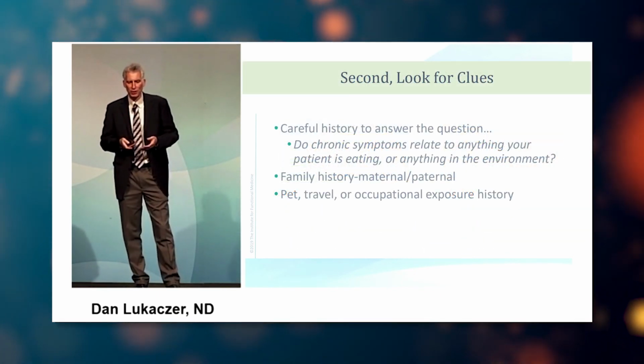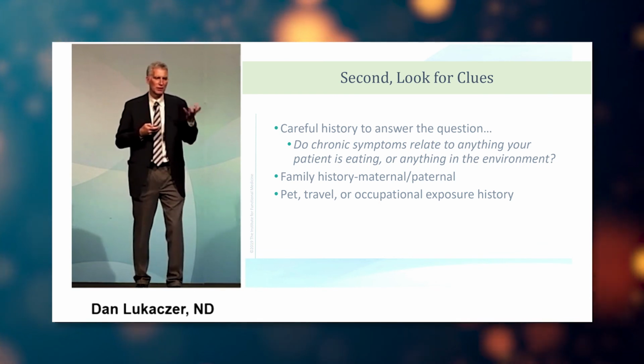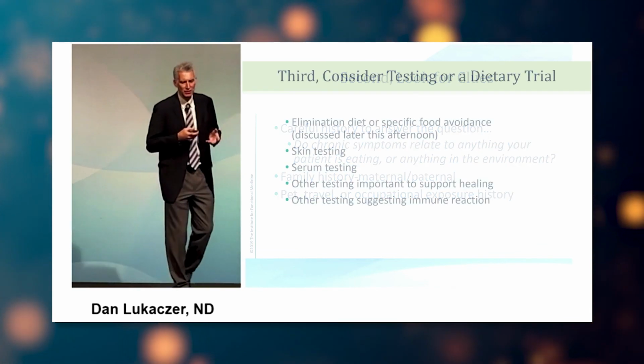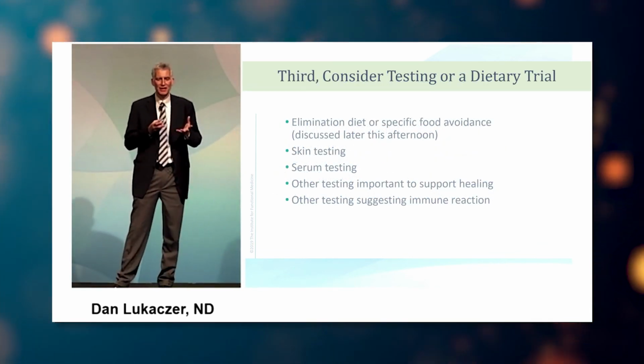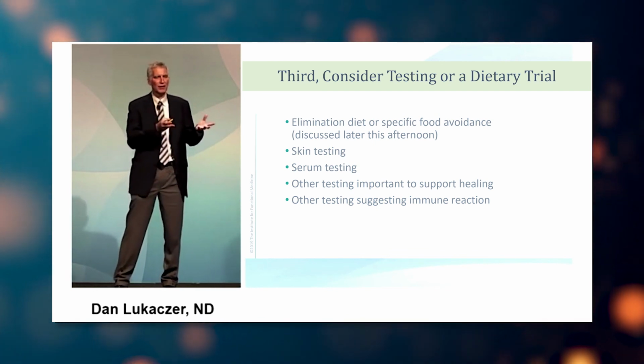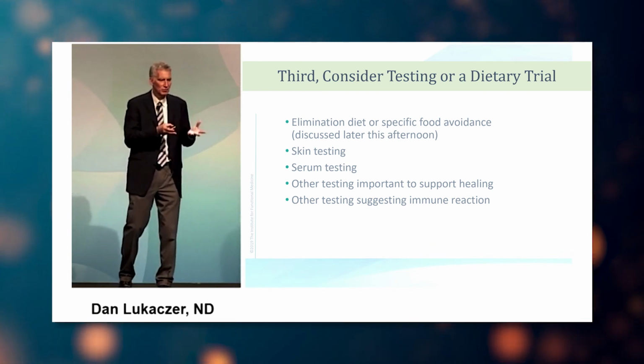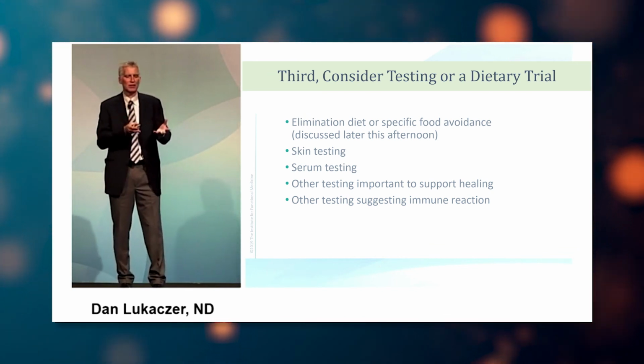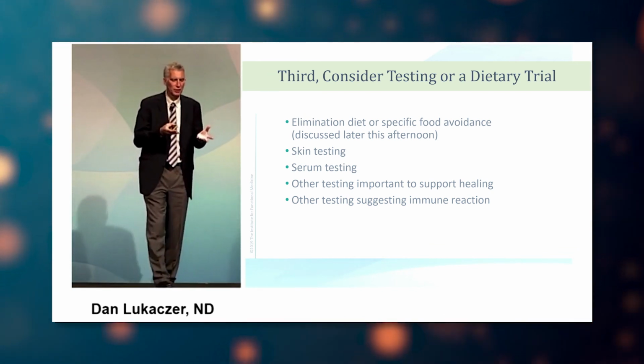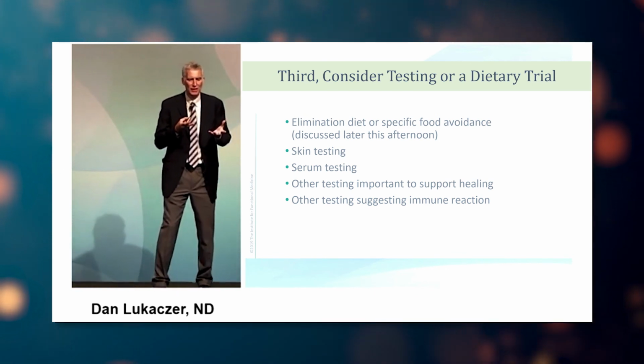You want to look for clues. You want to look for clinical clues, as Dr. Salt talked about yesterday. You want to consider testing for a dietary trial. Dr. Bischoff will talk about a dietary trial. Do you want to do serum testing for IgE? Do you want to do skin testing? Do you want to do other testing, in terms of a celiac panel?